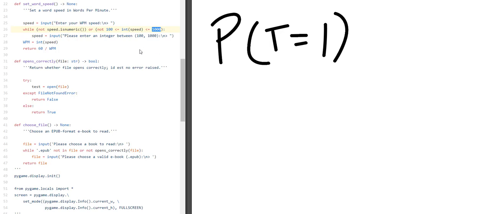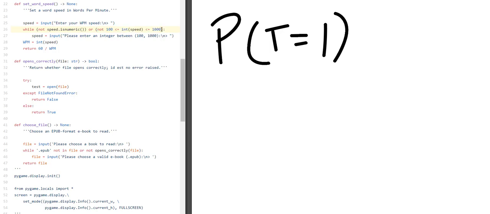And the chance of an input being like 3 or 5 or 316 or 922, the chance of an input being picked by the user is 1 over 1001, or in other words, all these inputs are distributed uniformly at random.